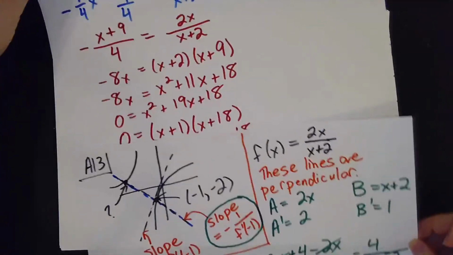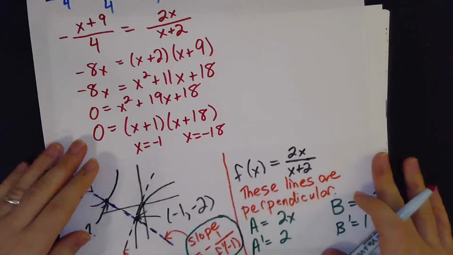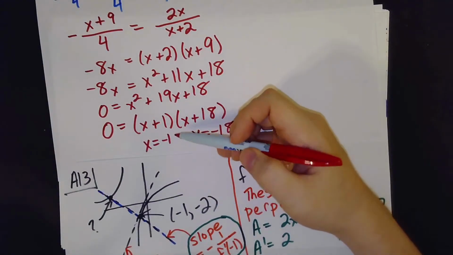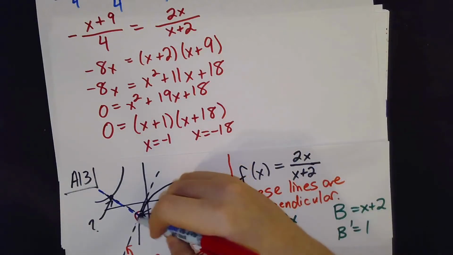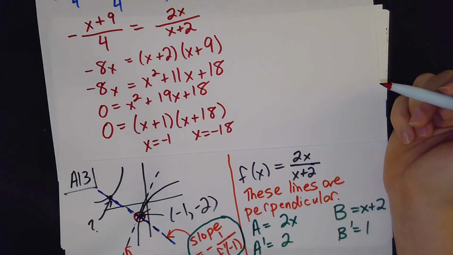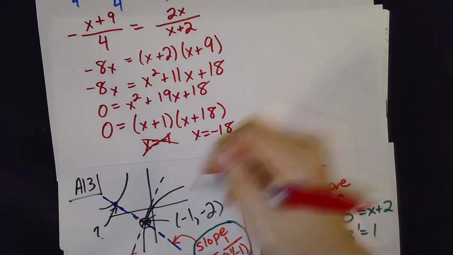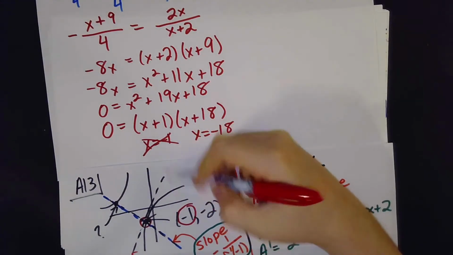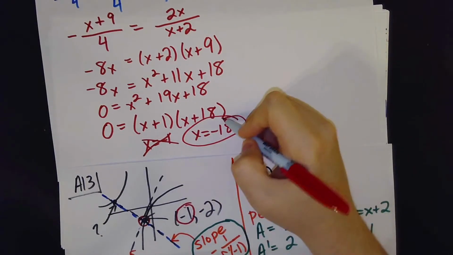If I look back at the original graph, though, in light of this, I definitely am not asking for the x equals minus 1 intersection, because the x equals minus 1 intersection is that point. It's the one we started with. So I'm going to cross that out. I know that, by the way, because of this minus 1 here. That was sort of the solution I was expecting. Okay. Here's the other one.